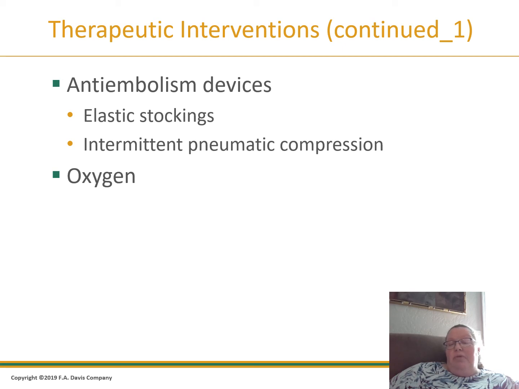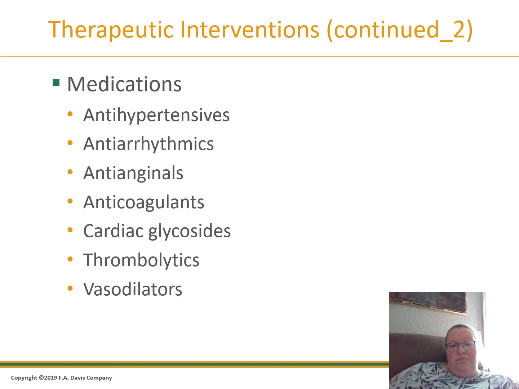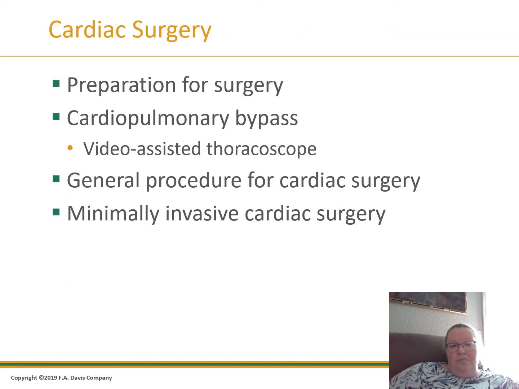Intermittent pneumatic compressions are your SCDs, and what do we call them, Flotrons, where after surgery, especially because patients are at high risk for non-movement, we put them on to prevent DVTs. And of course oxygen. Those were some typical medications used.